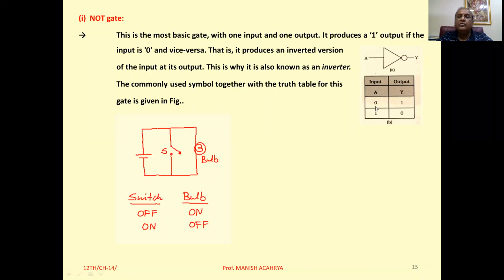So when the input level is 0, your output level is 1. And when your input is at level 1, it implies that if you give 5 volt to the input, then your output will be equal to 0. So this one is the working of the NOT gate.